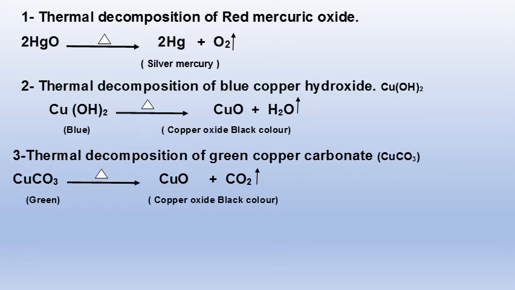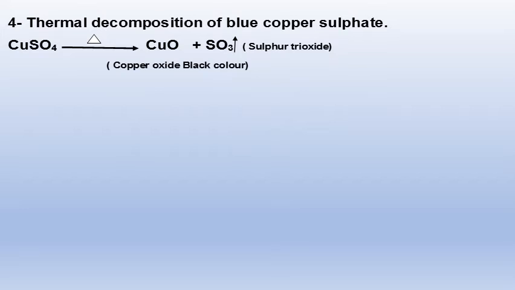These are 3 examples. Let's go to see the fourth one. Number 4, thermal decomposition of blue copper sulfate. Yes, we know that the chemical formula of copper is Cu, and the chemical formula of sulfate is SO4, and this is an atomic group.